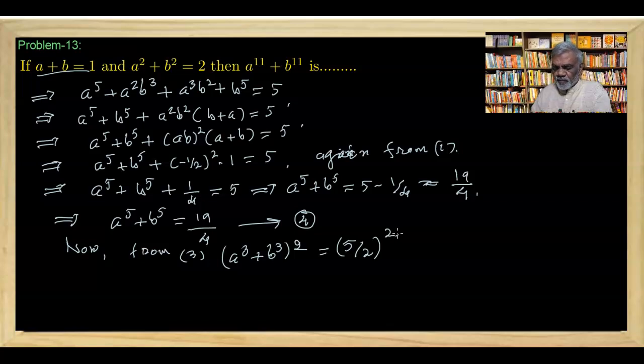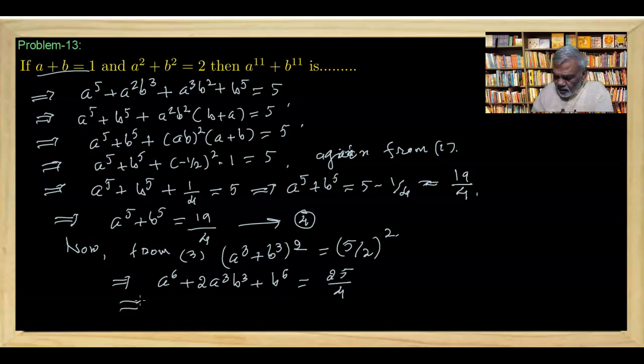This is from equation number 3, because we have proved that a cube plus b cube equals 5 by 2. And this implies a raised to 6 plus 2a cube b cube plus b raised to 6 is equal to 25 by 4.